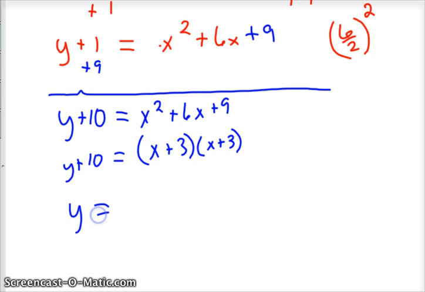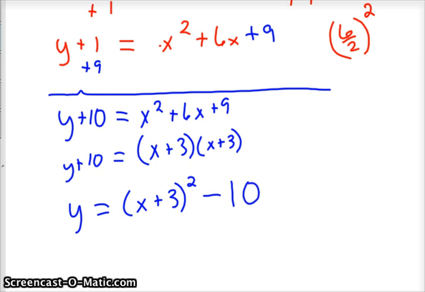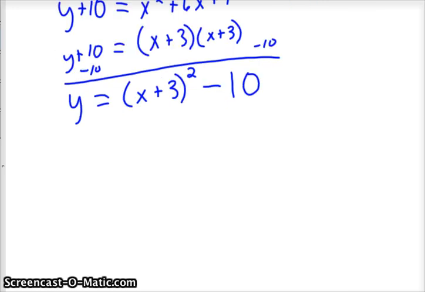So y equals (x + 3) quantity squared minus 10, because you would subtract 10 from both sides of the equation. Okay, so once you have that, now you know your vertex. Our vertex is (h, k), which that number right there is h, that number right there is k.